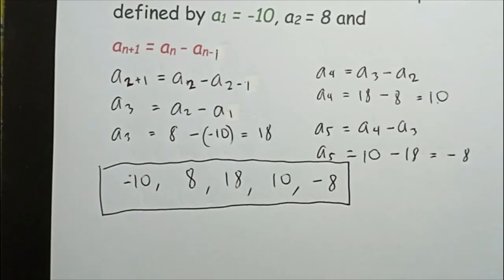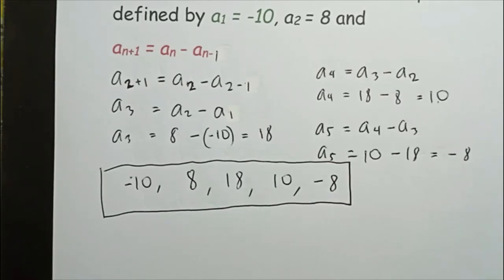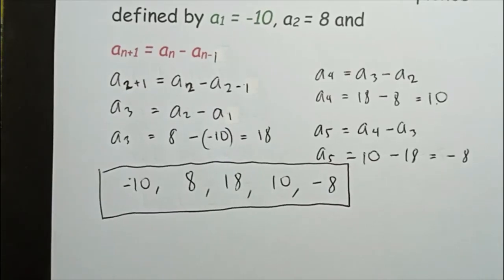And that's it. So, sequence is basically a list of numbers. And the numbers in the sequence are called terms. We can get the term by finding the explicit formula. We can get the explicit formula by looking at the patterns in the sequence. So, ayun lang.